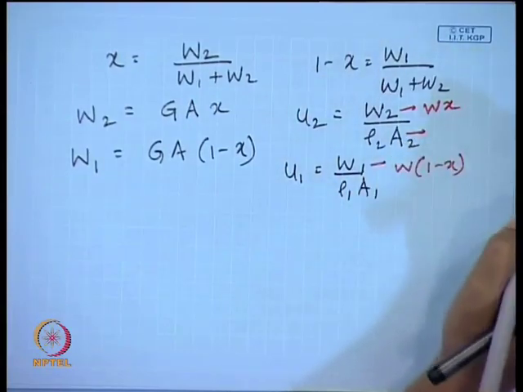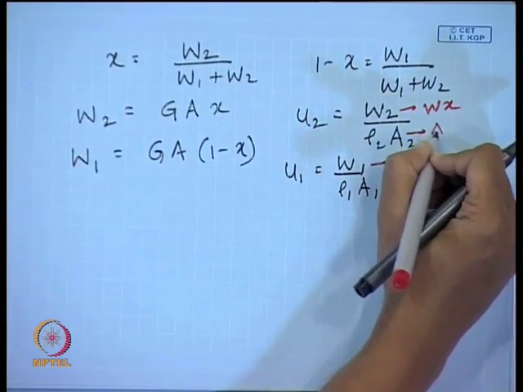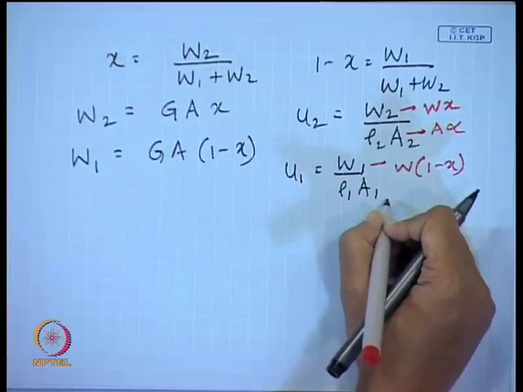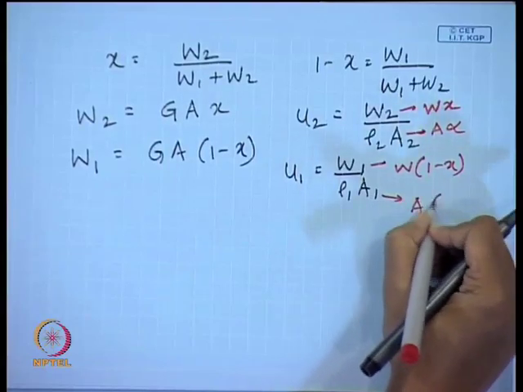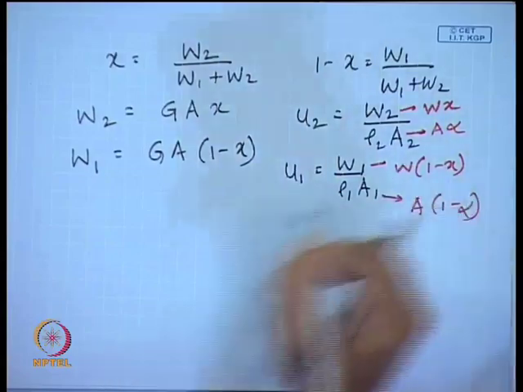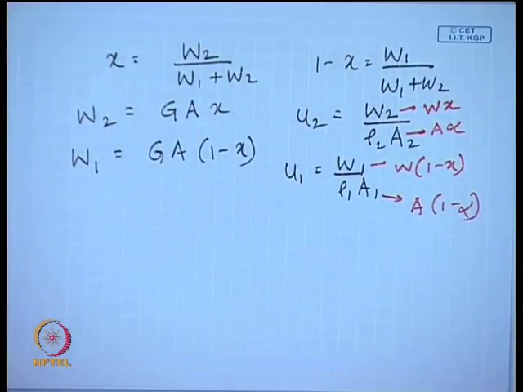Instead of A2, what can we write? Can we not write it down as A into alpha? Yes, we can do it. Instead of A1, can we not write down A into 1 minus alpha? So, if we make these substitutions, what do we get?